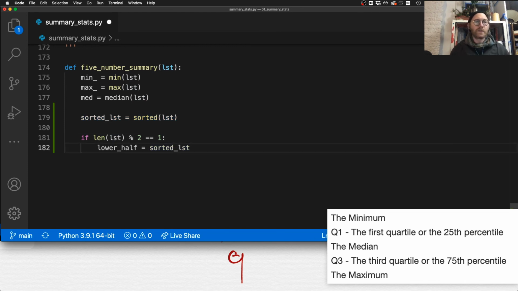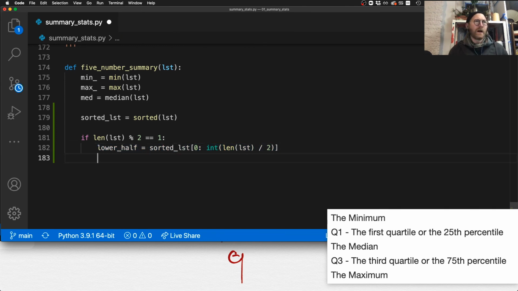And we're going to take the lower half of this as being the initial index, right, 0, up until the length of the list divided by 2. And whenever we have division, of course, division returns a float. So we need to make that an integer, right? So there's our lower half.